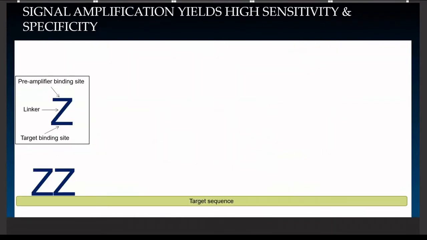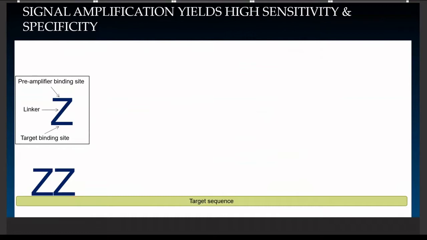First, I want to talk a little bit more about what makes our technology special. So the two key features of our technology are, as I mentioned, the probe design strategy and the signal amplification system. So here you can see that we have depicted our RNAscope probes as a Z molecule.